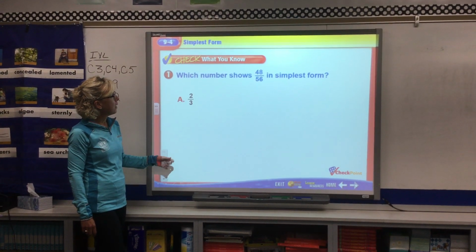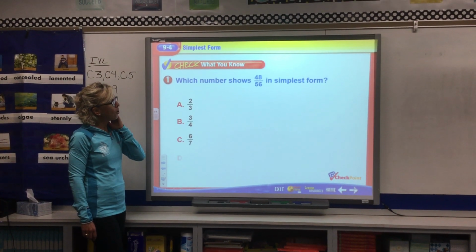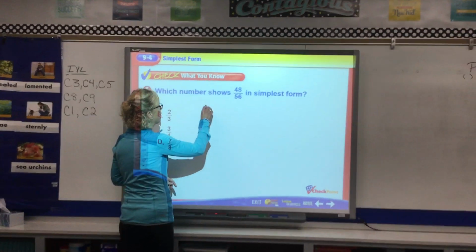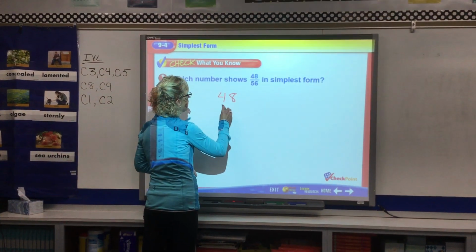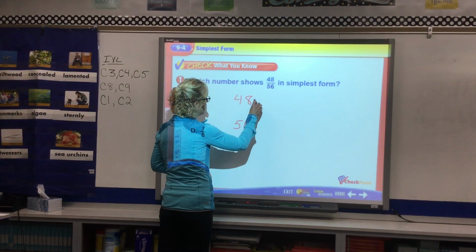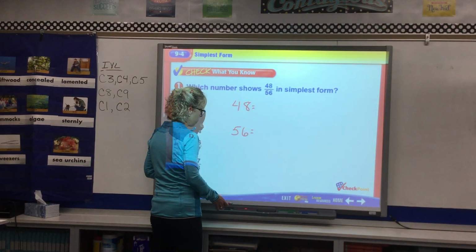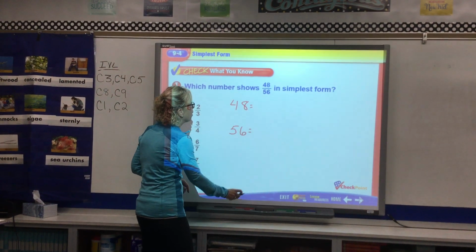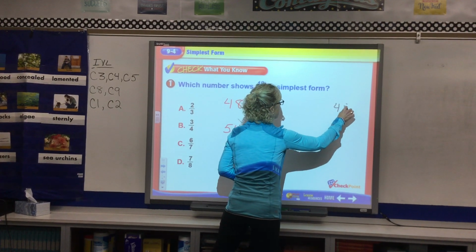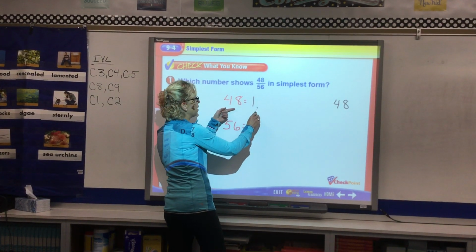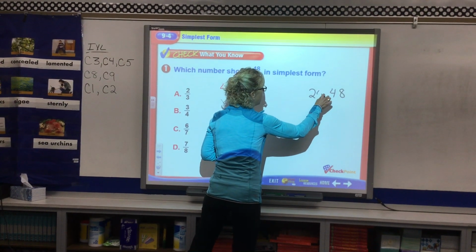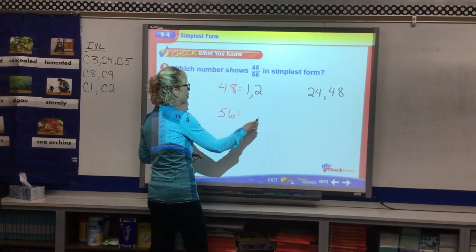Okay, now let's look at 48 over 56. If you're looking at those two numbers, you want to find factors of 48 and factors of 56. Okay, numbers that go into those numbers. So I know that 1 times 48 is 48. I know it's an even number, so I'm going to say 2 goes in there 24 times. 2 times 24 is 48.